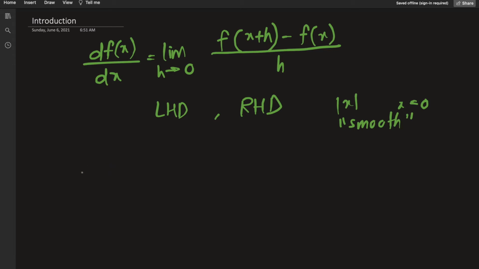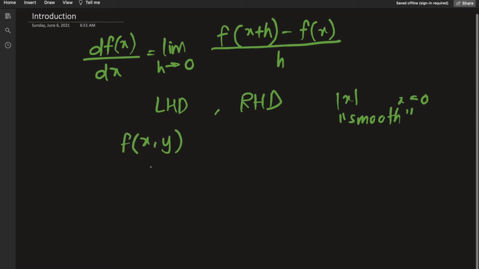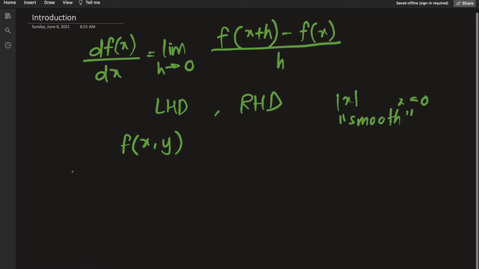Now in multivariable calculus, for example, if you have a function of two variables x and y, we have a partial derivative with respect to one of these variables. We have this curved d to represent that it's a multivariable function.